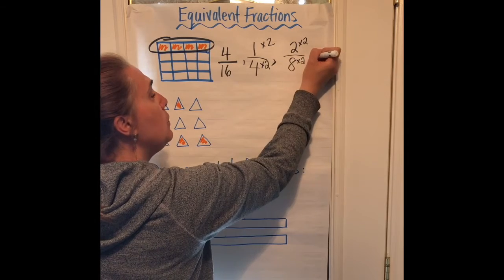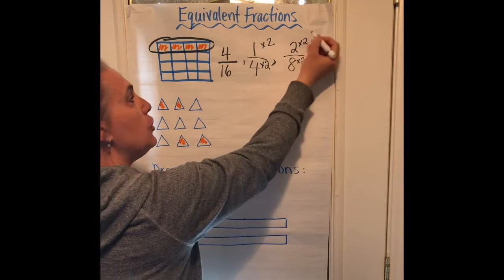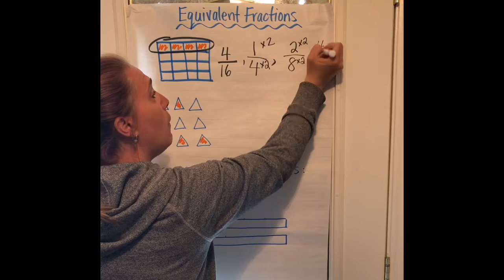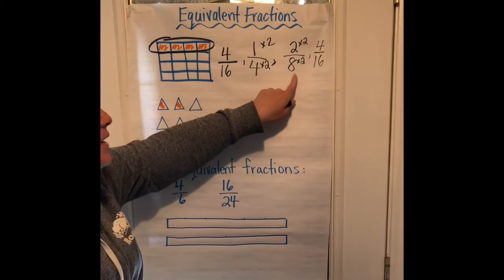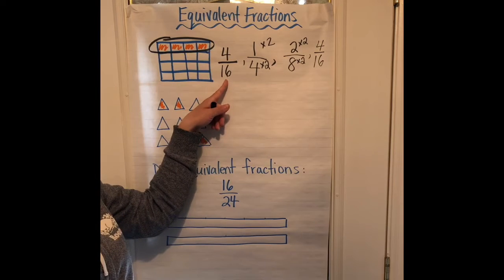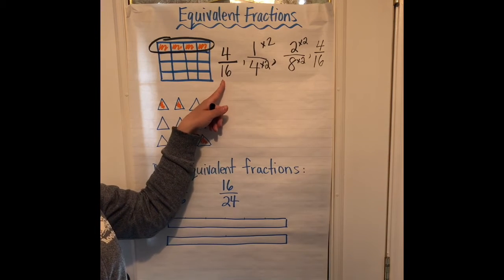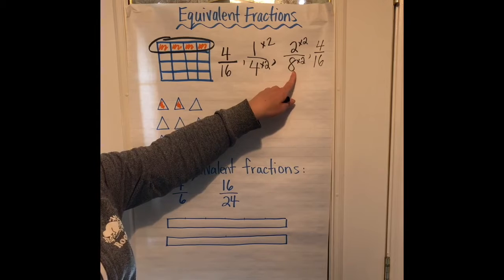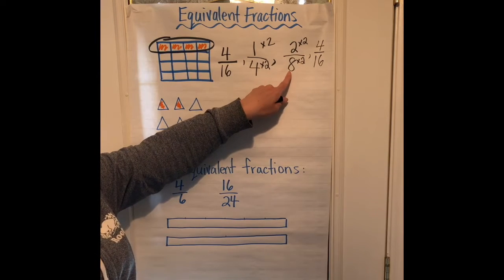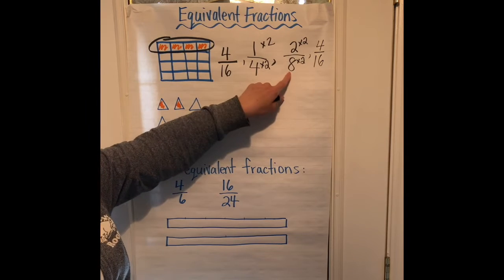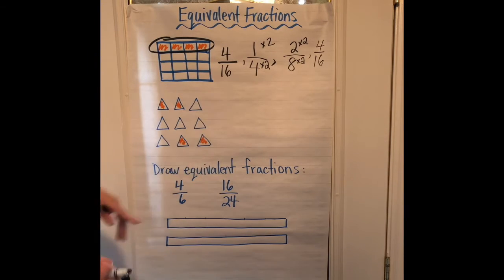Numerator times 2, denominator times 2. 2 times 2 is 4. 8 times 2 is 16. Notice I got the same fraction as the one I started with. That just goes to show you that by multiplying the numerator and the denominator by the same number, you can get an equivalent fraction.